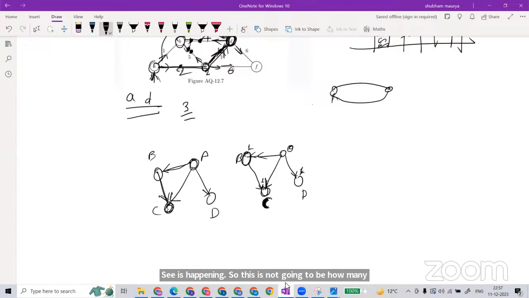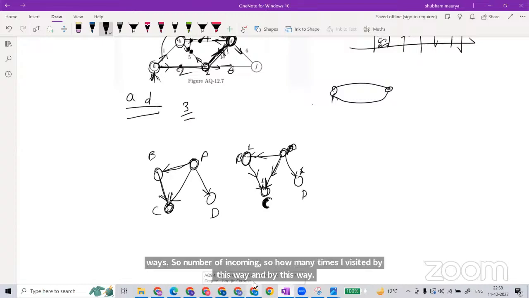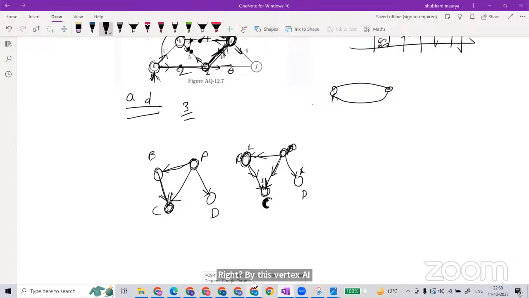How many times did I visit by this way and by this way? From vertex A I visited here, and from B I visited C again. So two times I visited the vertex. So the number of in degree is the number of times I am visiting the vertex V.